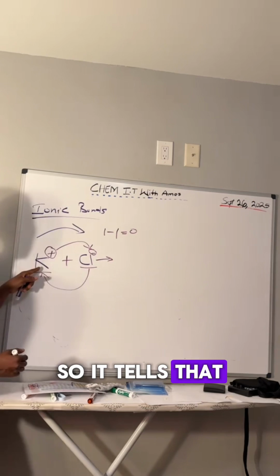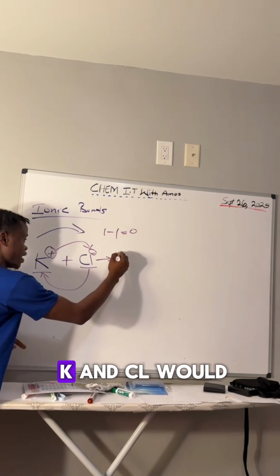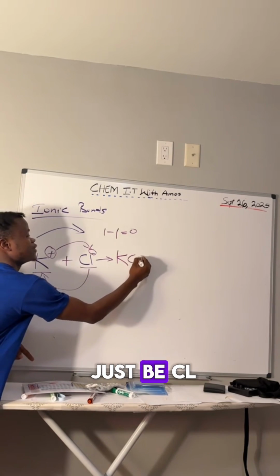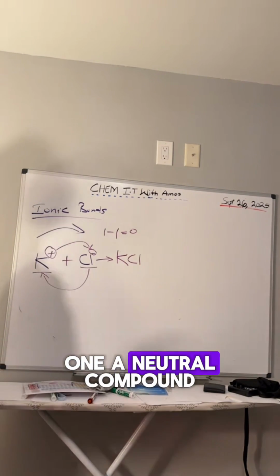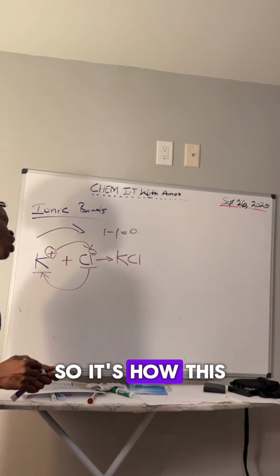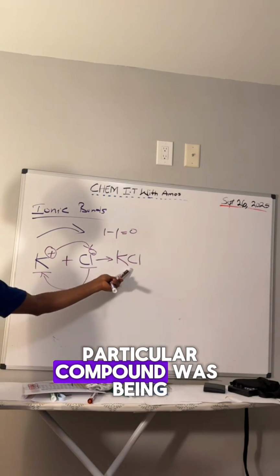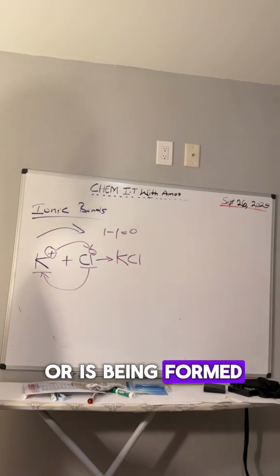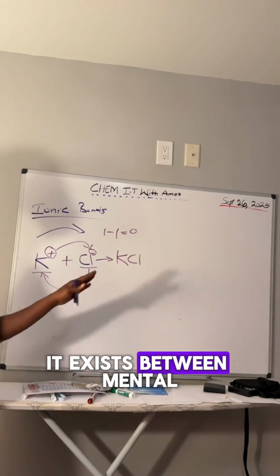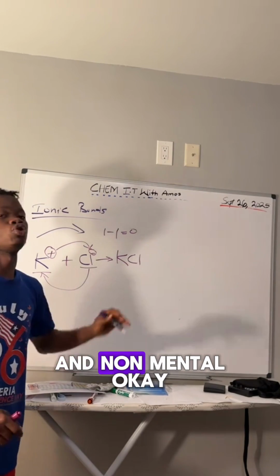So K will just be K and Cl will just be Cl. This becomes a neutral compound, giving you potassium chloride. So that is how this particular compound is formed, because it is an ionic compound and it exists between a metal and a non-metal.